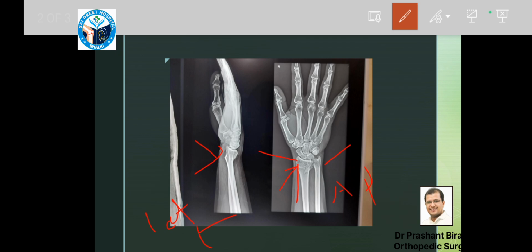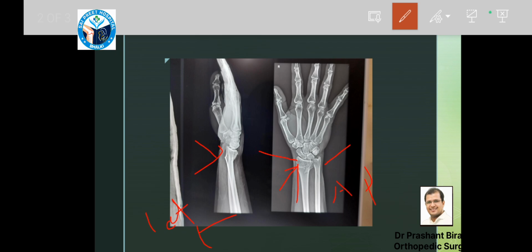So in this case, what we have to do is to reduce the fracture, get the fracture back to its position. If it is stable, we can put a cast. If it is not stable, if it is going back to this position, then you have to stabilize with wires.